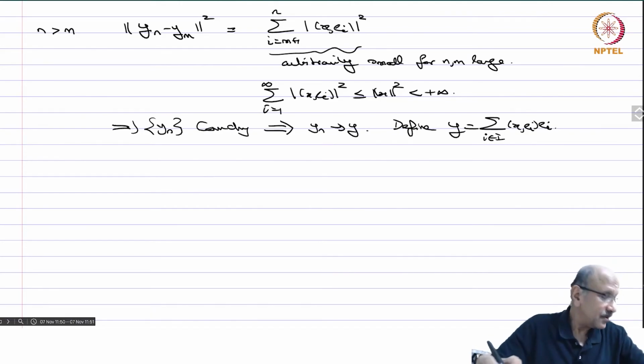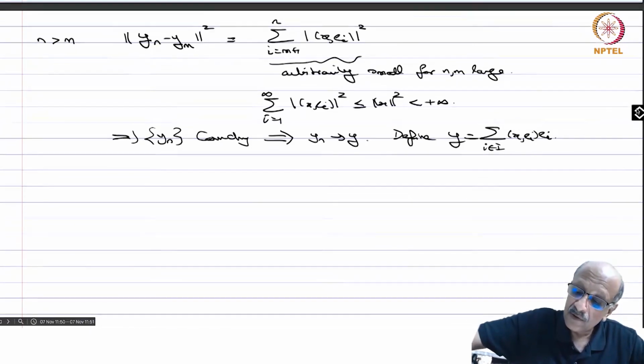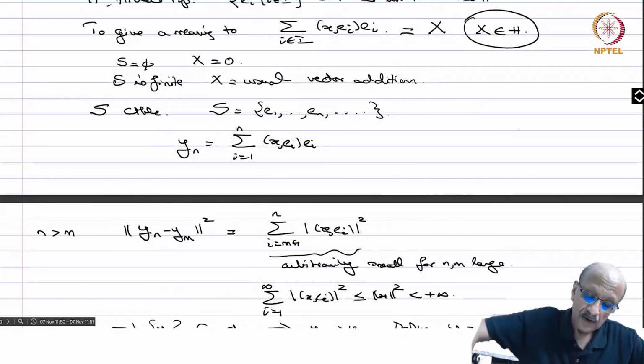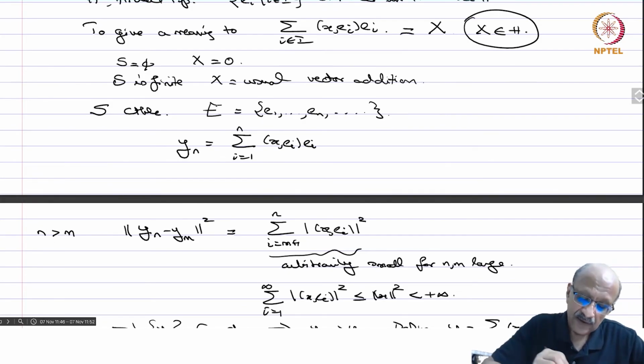So let us take E to be the set of the e_i. S is the set of all i such that <x, e_i> is not 0. So S is a subset of the indexing set.